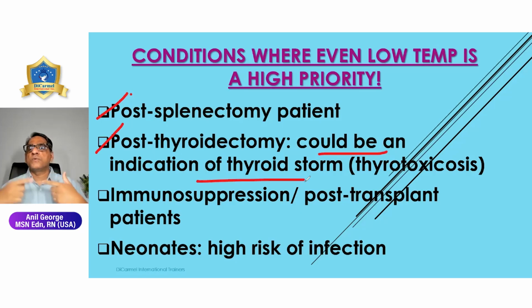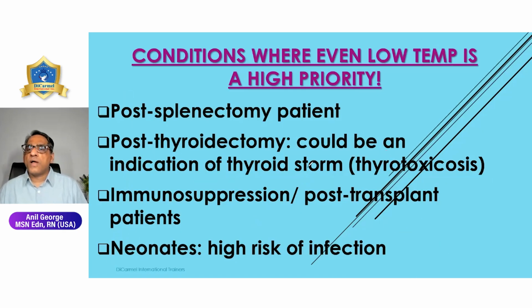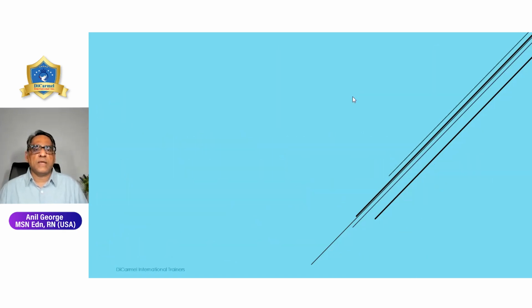Remember, when patients with hyperthyroidism have the gland removed, that can cause sudden release of the thyroid hormone, the T3, T4, into the bloodstream, which can cause thyroid storm or thyroid toxicosis. So even a temperature of 99.5 or 100 could be a warning sign of that and should be taken seriously. And we already heard immunosuppression, post-transplant patients, neonates, who have a very high risk of infection. These are all patients where even a low-grade temperature is of high significance.